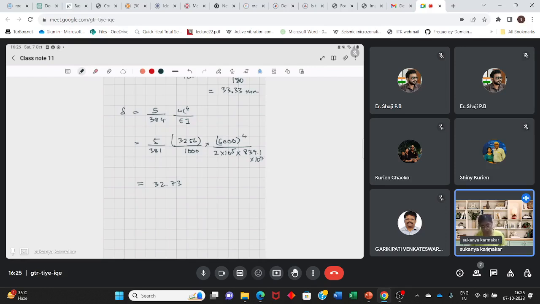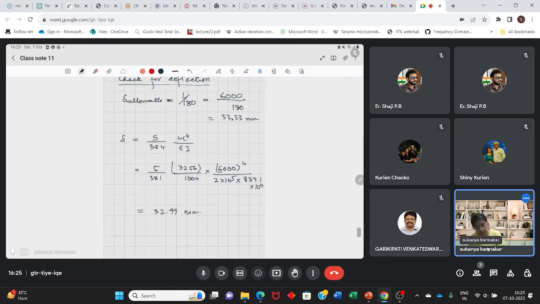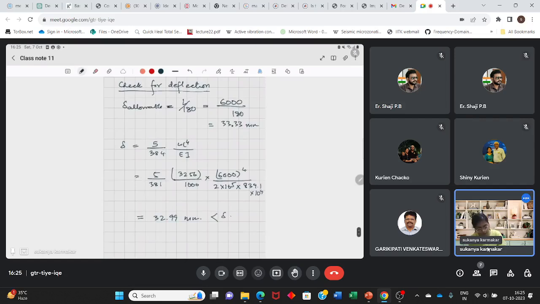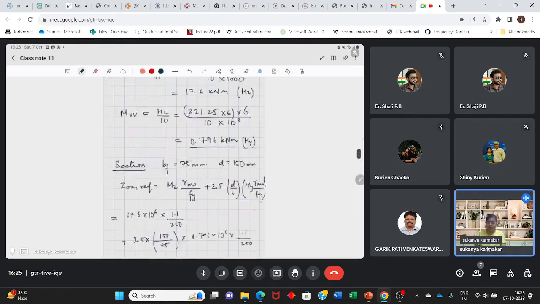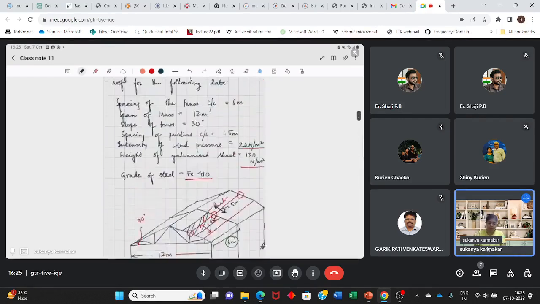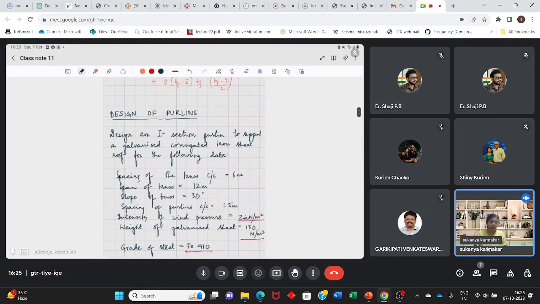Yeah, around 32.99 mm, which is less than delta allowable, which is fine. So this is how you will design for the section.